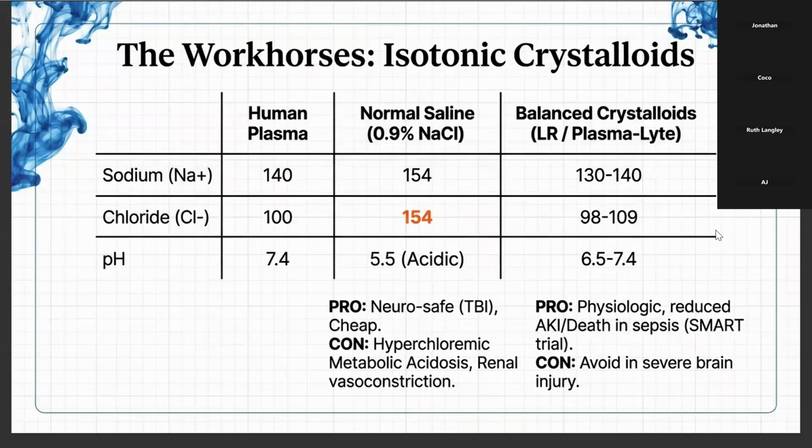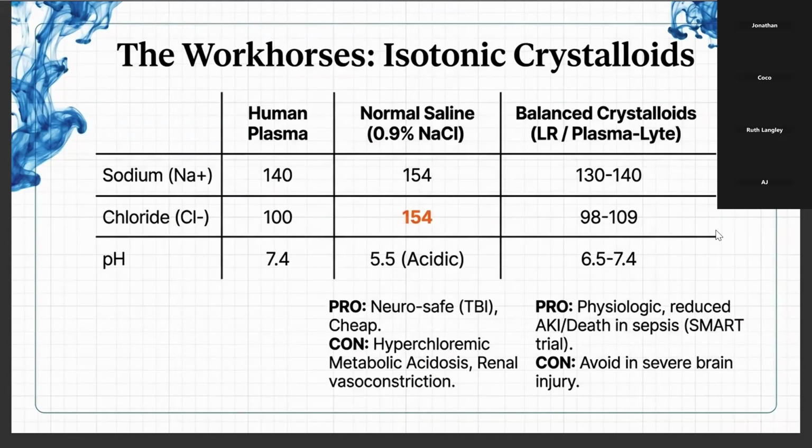So what are the common things we give to our patients? Well, commonly on ITU, we give balanced crystalloids. And for us, the Americans again call these lactated ringers, but we call it Hartmann's. Or they're given normal saline, so the 0.9% sodium chloride.